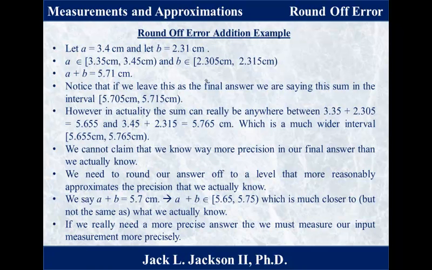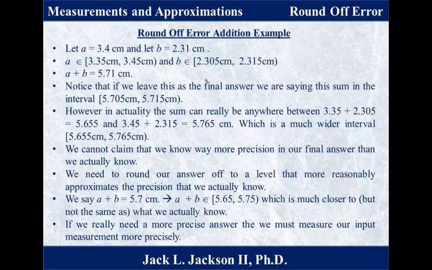So if we know that A is actually between 3.35 centimeters and 3.45 centimeters, and B is between 2.305 centimeters and 2.315 centimeters, then we know that A plus B must be between 5.655 centimeters and 5.765 centimeters.